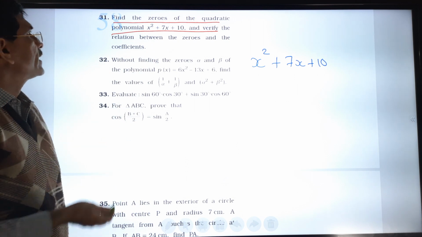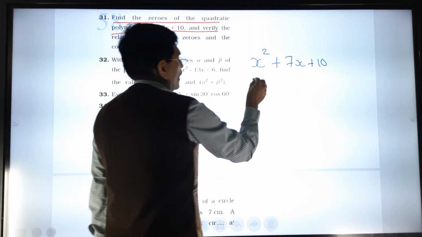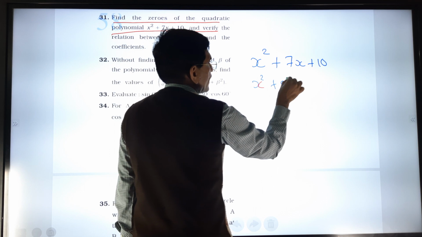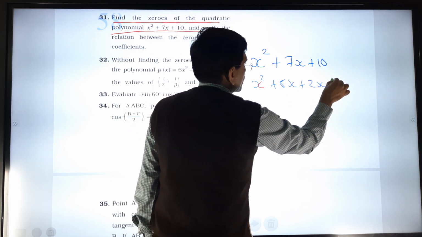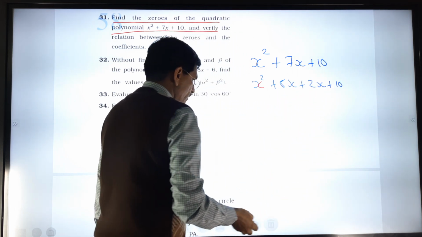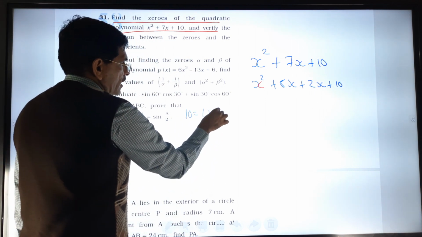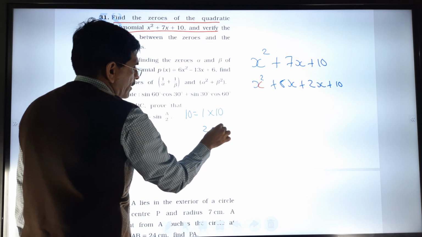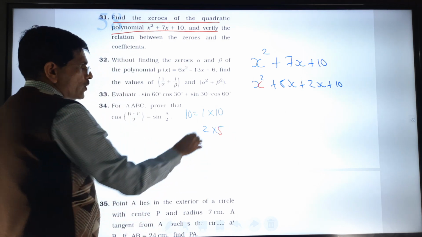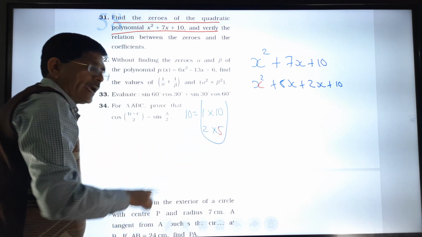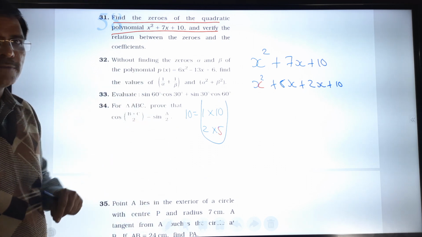Factors of 10 that give the sum 7: x square plus 5x plus 2x plus 10. The factors of 10 we can write as 1 multiplied by 10, 2 multiplied by 5. Out of these I have to select one pair to get 7.